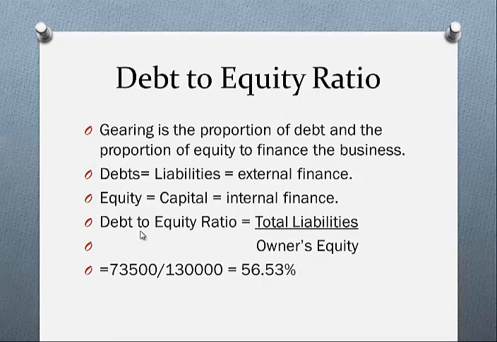So let's look at the debt to equity ratio. It's the total liabilities divided by owner's equity. Here's an example. If our total liabilities are 73,500 and our total owner's equity is 130,000, we have a ratio of 56.53%.